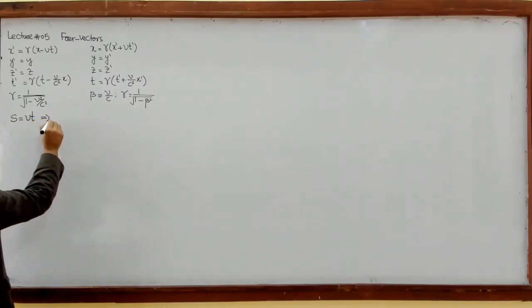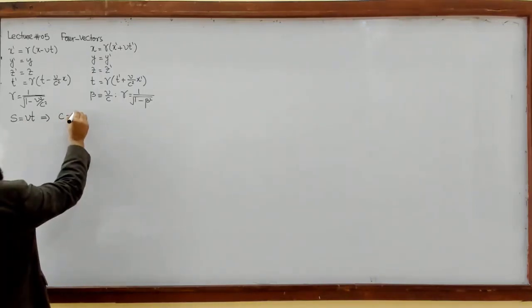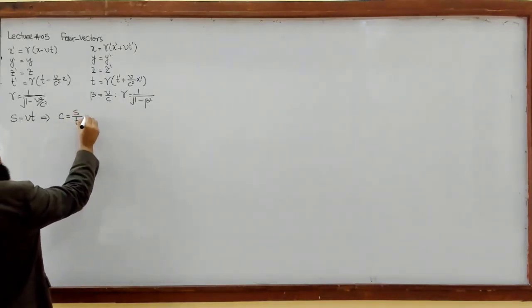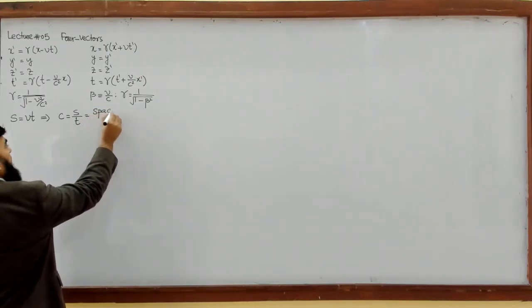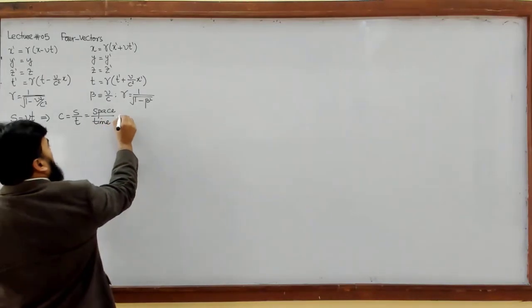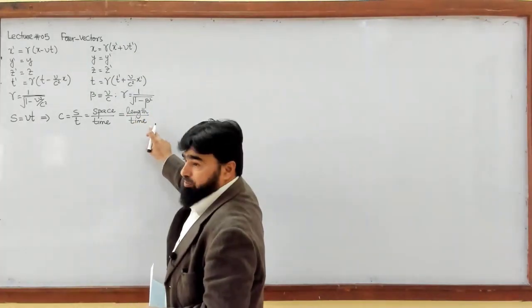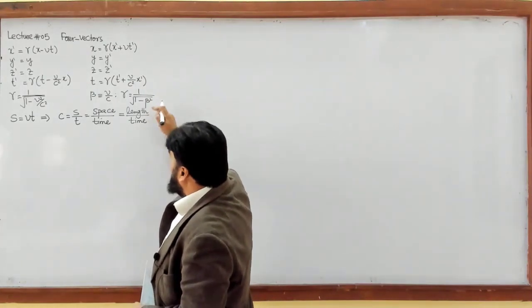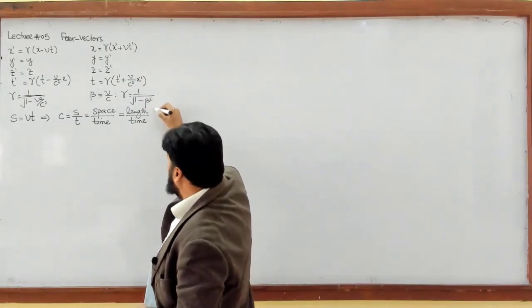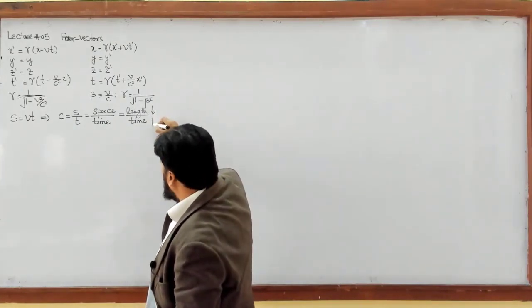So keeping in view all this, we know that S is equal to Vt. And from here I can write that if C is here, then it is S over T. This is space and this is time. The space I can also write as length, so it is length over time. Now length is contracted, means it reduces, while time dilates.